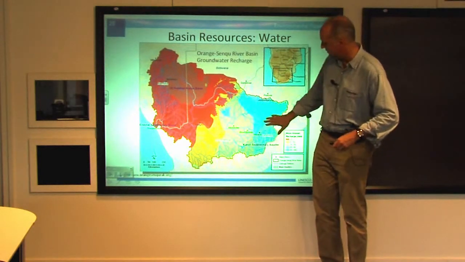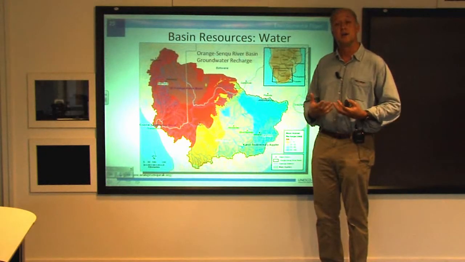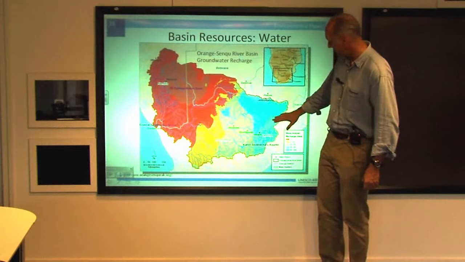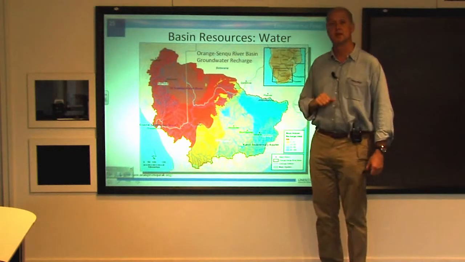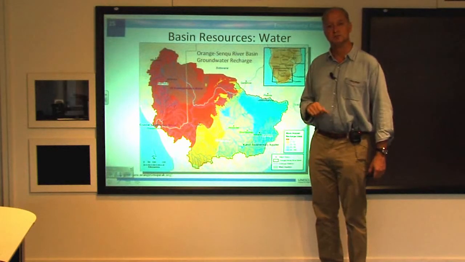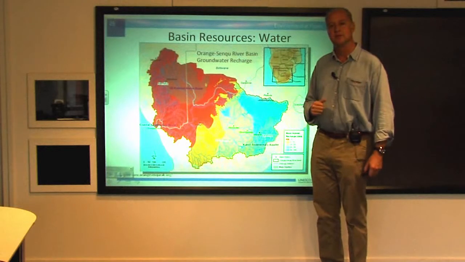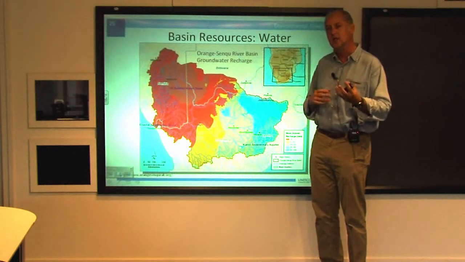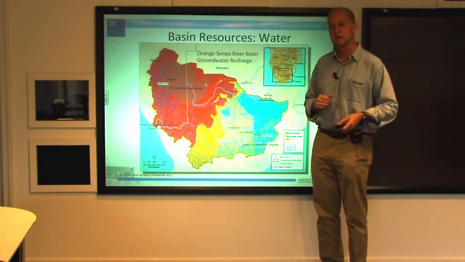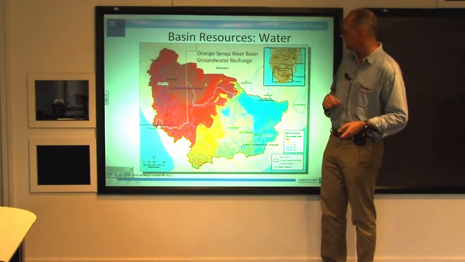Whereas here in the east, we find that the groundwater resources are recharged at much higher levels relative to the west, and therefore this might be a more reasonable and sustainable source of water for different uses, and something that should certainly be factored into our consideration of different sources of water for different purposes.